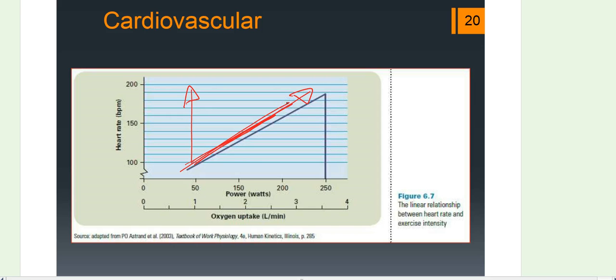Why does our respiration rate or oxygen uptake increase as heart rate increases? Well, it's because we want to deliver more oxygen to our working muscles. However, if our heart is beating faster, we also need more oxygen to come into our system so that the blood that's passing the alveoli can pick up more oxygen as well.